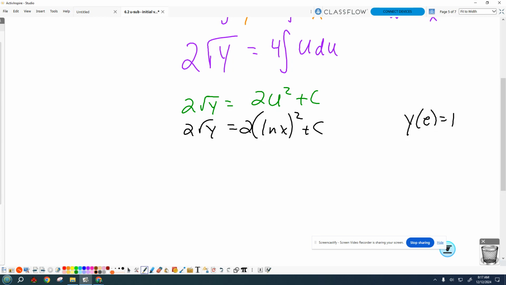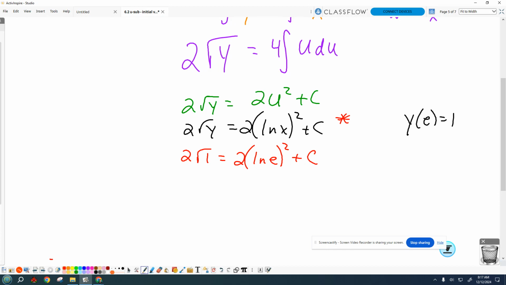Plug it in, all right, good idea. For myself, I put the little asterisk, like, now things are solidified. So, the y value is 1, so 2 times the square root of 1 equals 2 natural log of e squared plus c.